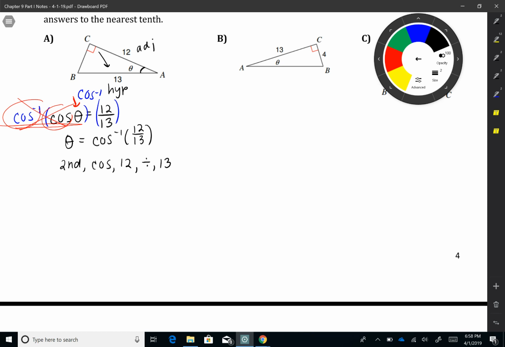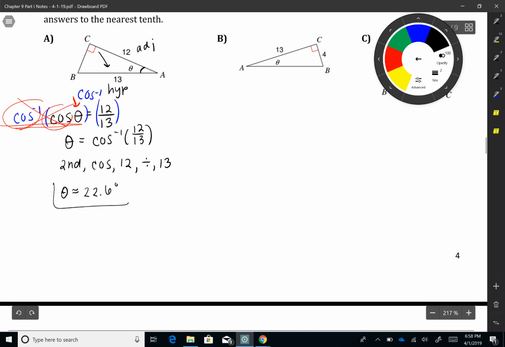Okay, and we're going to round to the nearest tenth. You should get theta is approximately 22.6 degrees. So if you didn't get that in your calculator, check what you typed in.